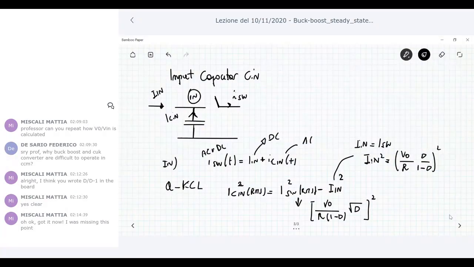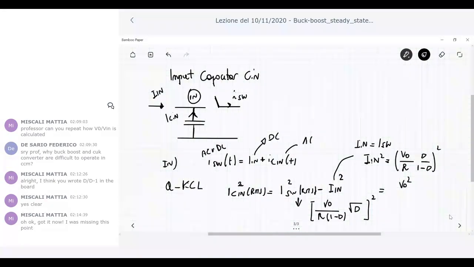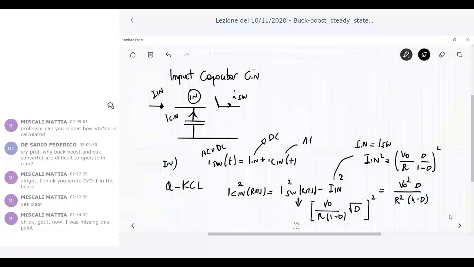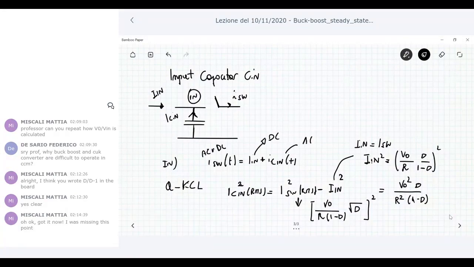Okay, this average value was computed before. So if you take this difference, it leads to V naught square D over R square, 1 minus D. Okay, so the root mean square value of the input capacitor current is exactly the square root of this quantity.